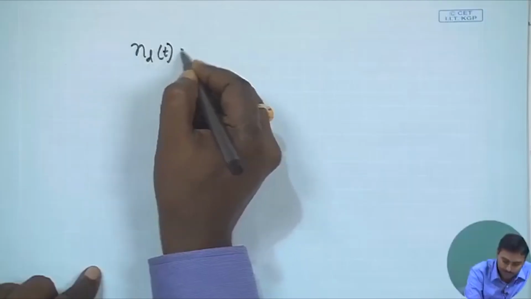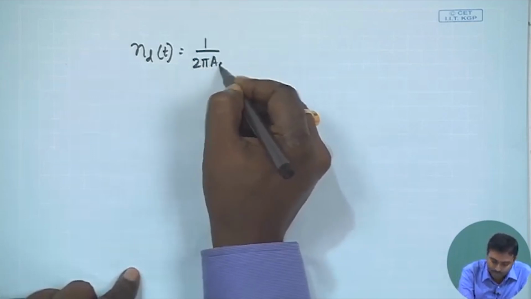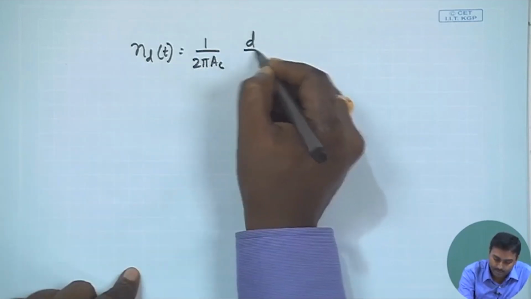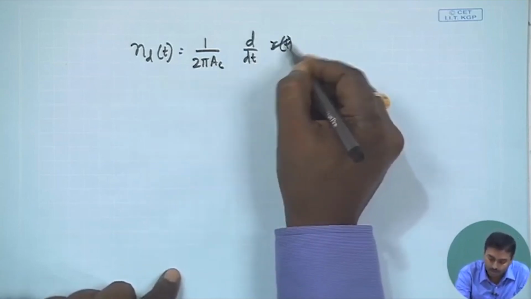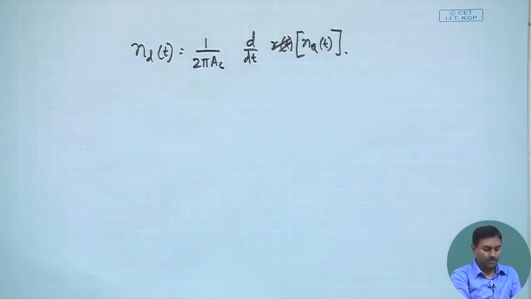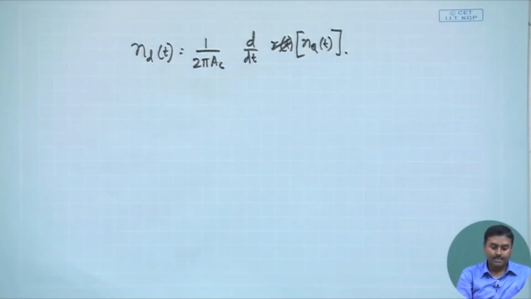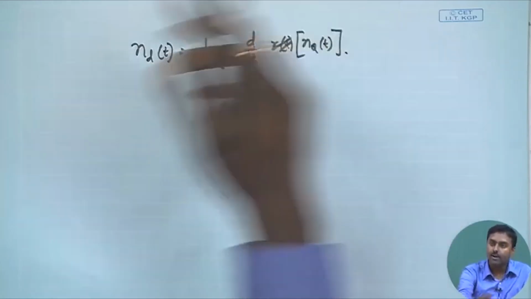Therefore, immediately we can say the FM noise, which is N_D t, is nothing but 1 by 2 pi AC times d dt of this R t sin psi t, or I can say N_Q t. So, it is 1 by 2 pi AC times the differentiation of N_Q t.